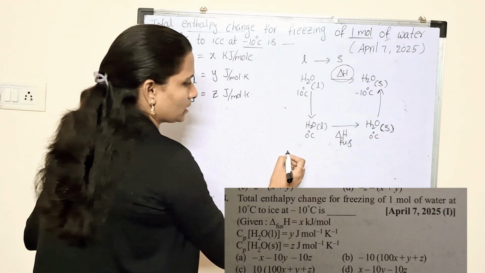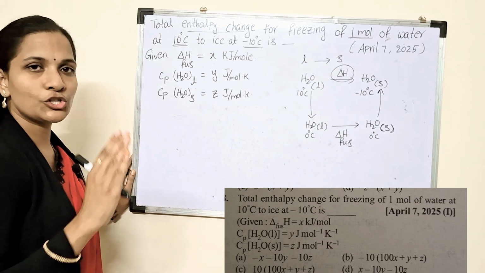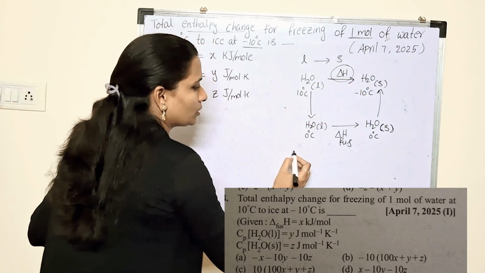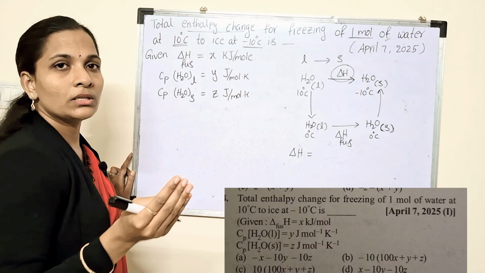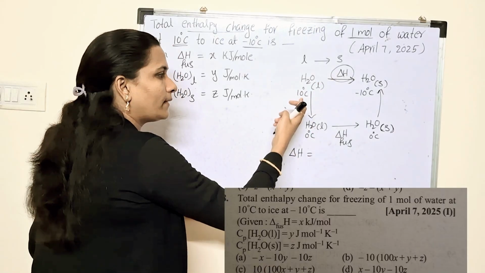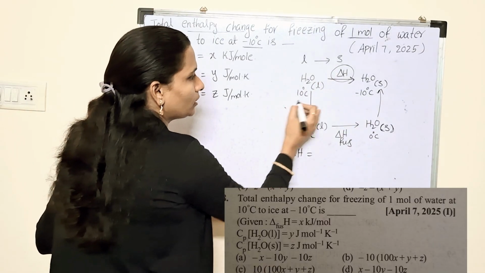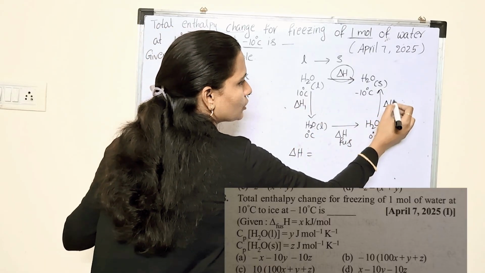According to Hess law, the enthalpy change in the single step is equal to the sum of the enthalpy changes in the several steps. For example, delta H1 and delta H2.